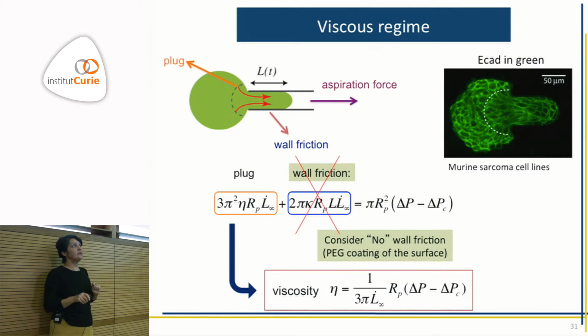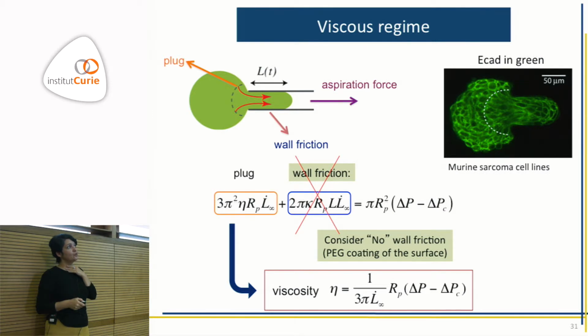We consider that this term is negligible because we treat our pipettes with PEG, which prevents cells from sticking to the pipette. If you don't do this treatment, your curves don't look linear anymore. They start to curve, which shows the slowing down of the advancement of the tissue. This gives you the relationship for your viscosity with respect to your applied pressure.